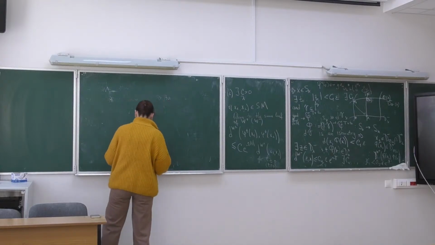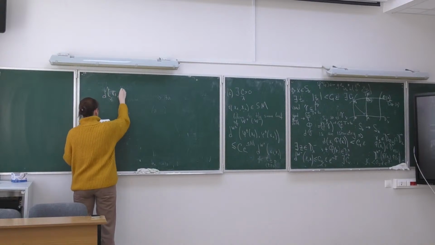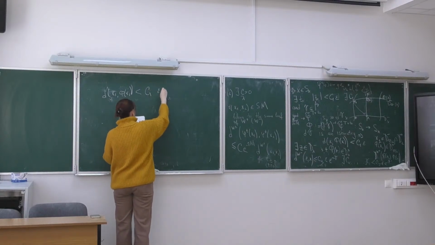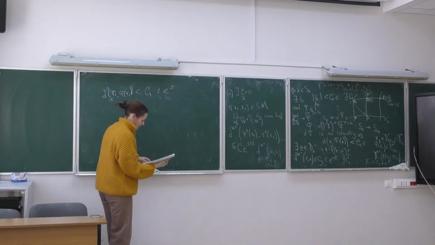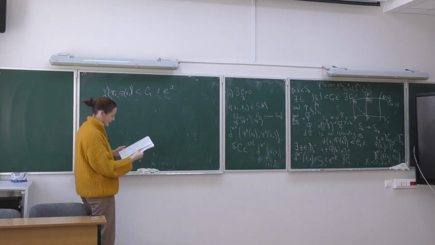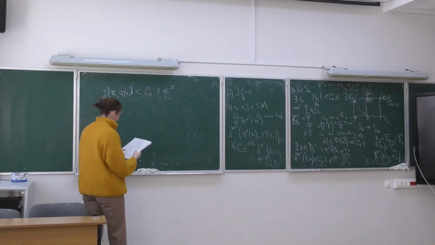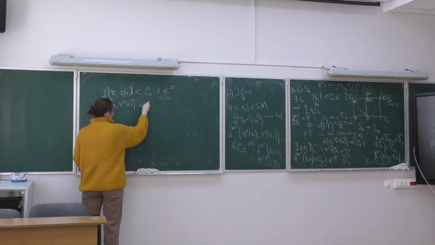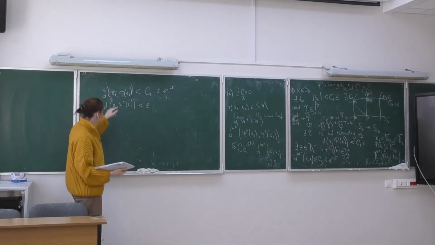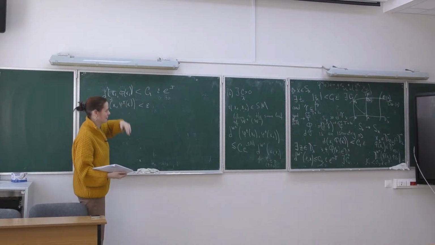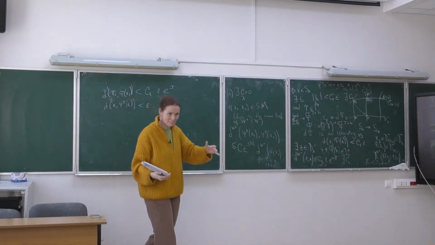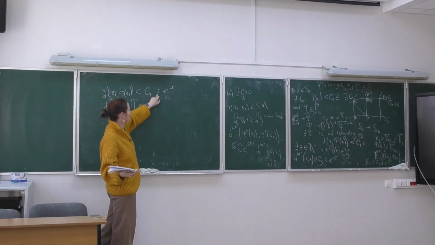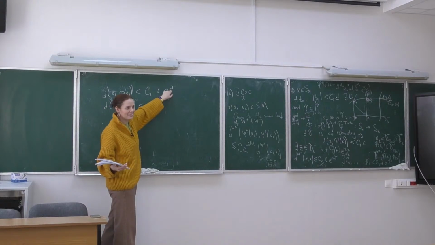We get that the distance between x1 and phi of x1 is smaller than some constant epsilon e to the minus t. So why is it better than what we had for x itself? You remember we had that the distance between x and the image of x was just smaller than epsilon. And now we constructed a point x1 which is not far from x, it still belongs to the neighborhood. But this distance already is estimated by some unknown constant epsilon and e to the power minus t.